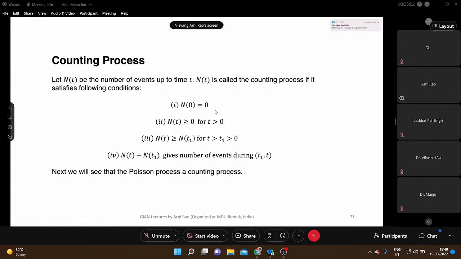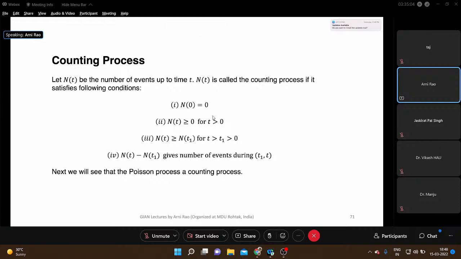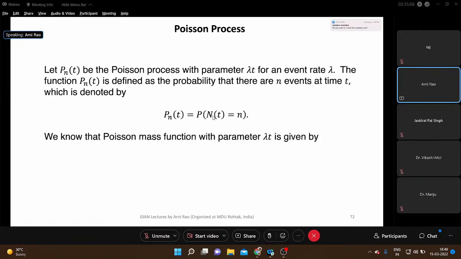There is a little theory here, and then we'll easily sail through. So a Poisson process is defined with the parameter lambda t, where lambda is the event rate. Let Pn(t) be the probability that n events occur at time t.